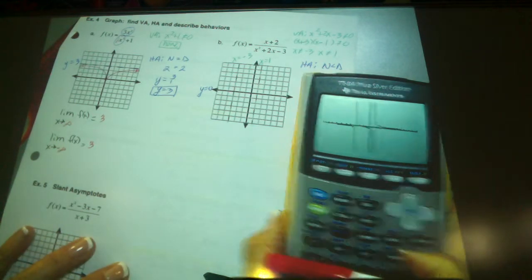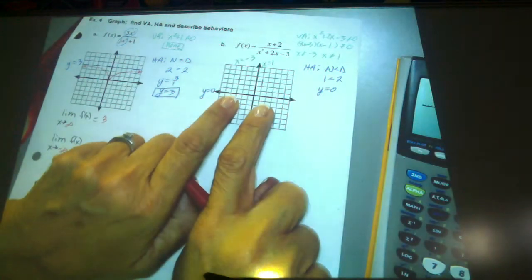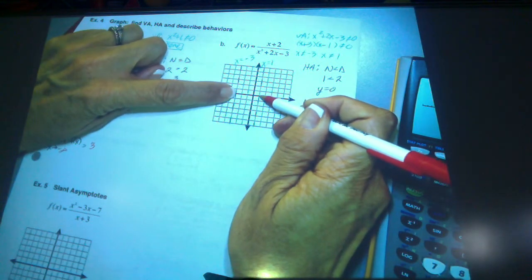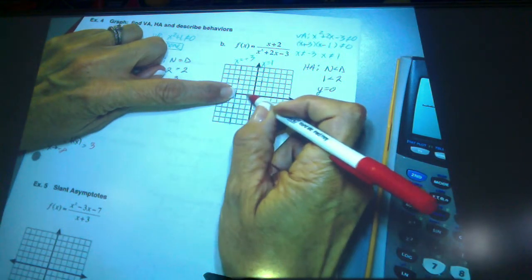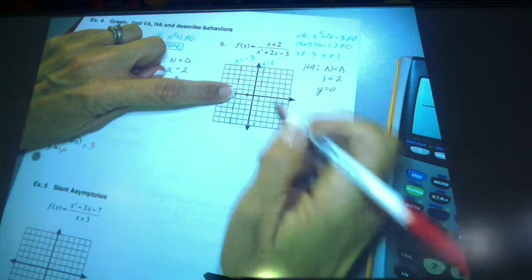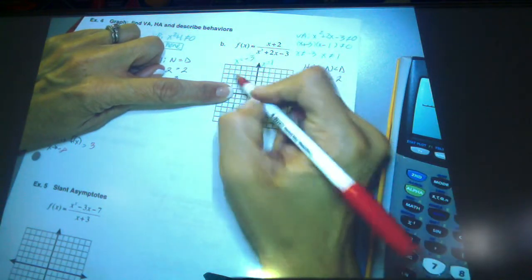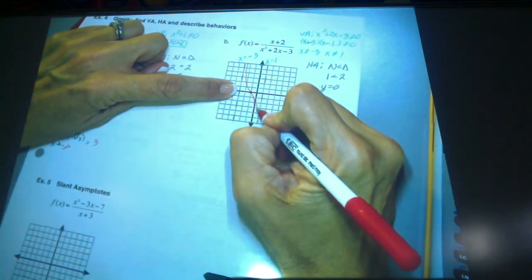I will tell you that experience shows that if I have 4 units distance between this asymptote and this asymptote, half of that is 2 units. So if I go 1, 2, isn't that right in the middle? Isn't -1 right in the middle of those 2 numbers? True or false? Okay. Then my S-curve is going to hit the graph right there and approach the other 2 asymptotes.